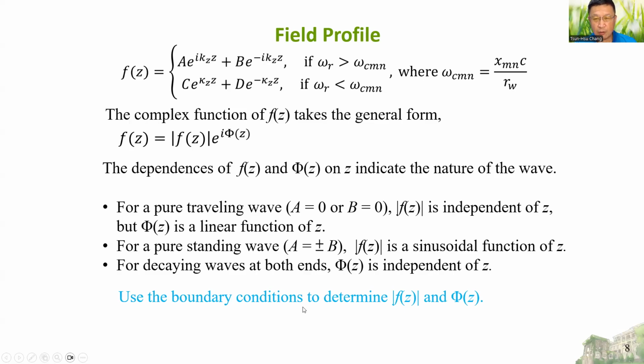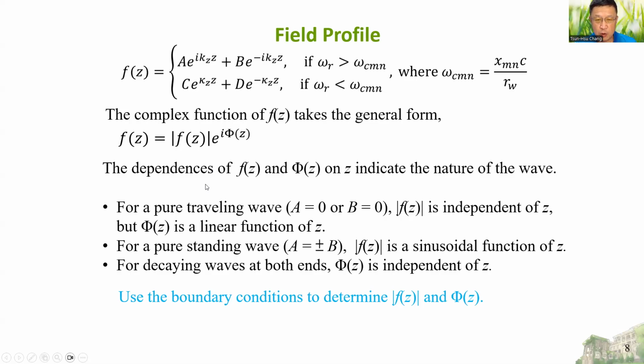So what's next? We want to determine the coefficients. How to determine the coefficients? Use the boundary condition to determine f of z and phi of z. We are going to determine this phasor, f of z, amplitude and phase, okay?